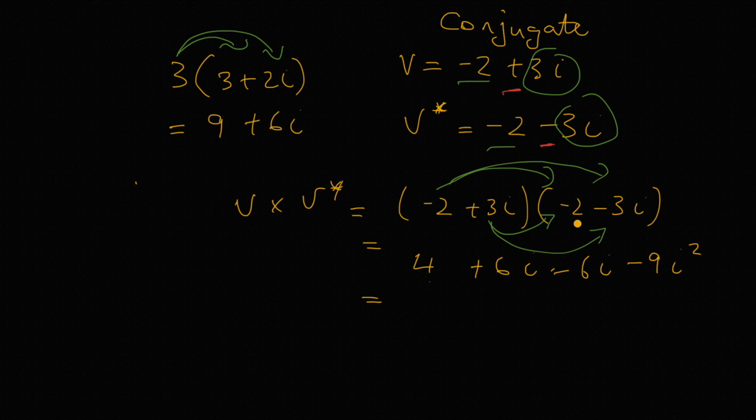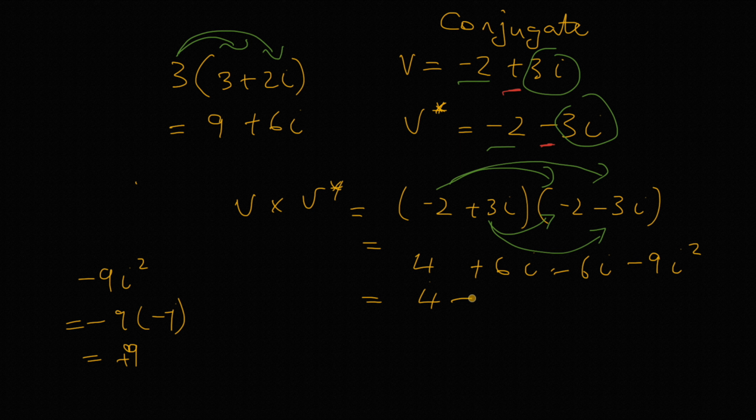The middle term is almost like a difference of squares. You'll see it's exactly the same terms except the sign is different. So the middle term always cancels out: 6i minus 6i is 0. And then remember the minus 9i squared would be minus 9 multiplied by minus 1, and that would be plus 9.